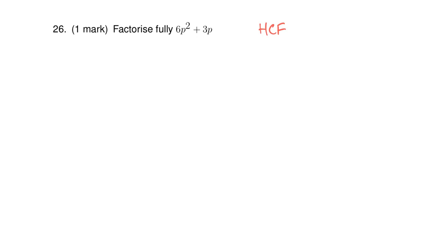So I'm going to rewrite 6p squared as 3 times 2, because they're the factors of 6, times p times p. The other part is 3 times p. So I'm looking for some common factors. Now I can rewrite this in any order I want. So really this becomes the same thing as 3 times p times 2.